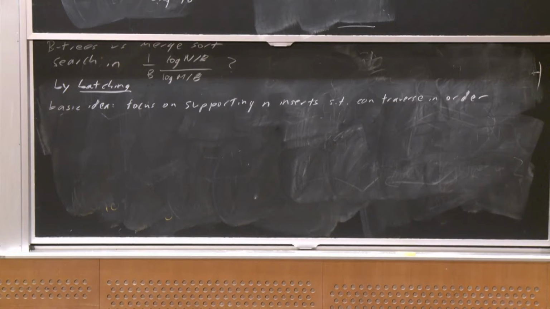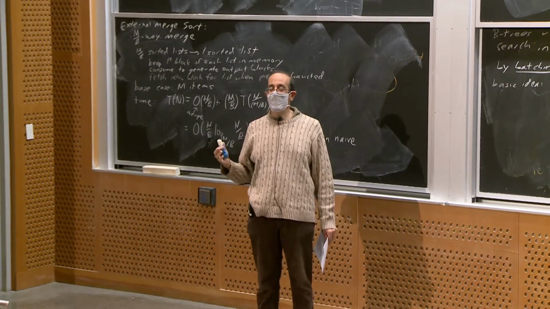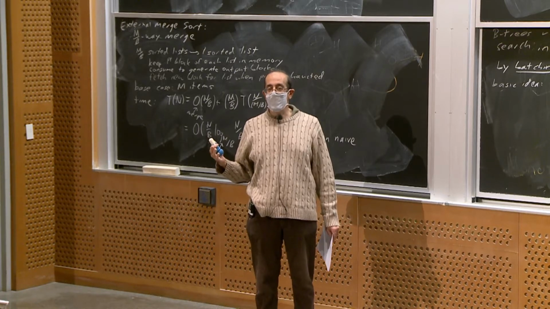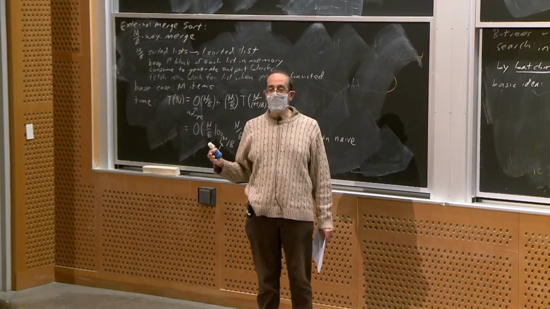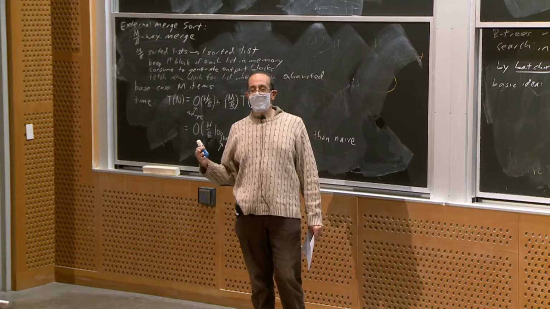Actually, if this is all you had to do, then there would be an easy solution to this problem. Okay, if somebody told you, I'm going to give you n items to insert into the data structure, and then I want to be able to read them out in order, how would you provide for that very efficiently?